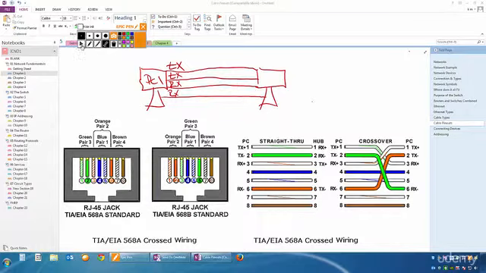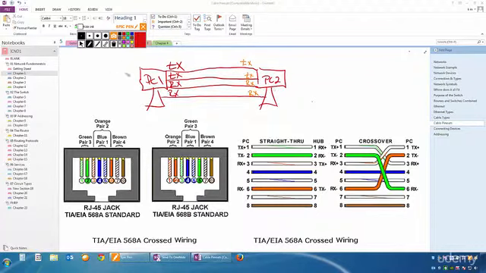So if this PC sitting over here was set up like this as well, which it is, the same network card that's in this PC is set up the same way as PC2. That causes a problem.